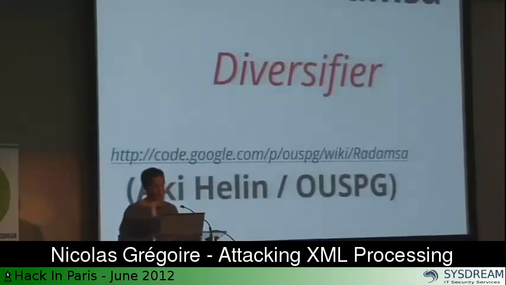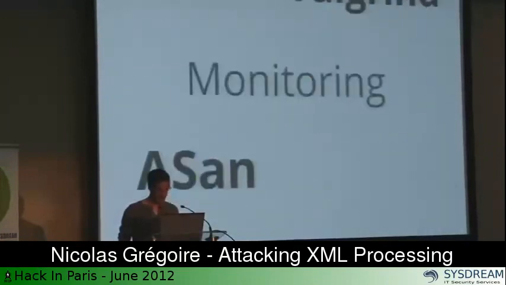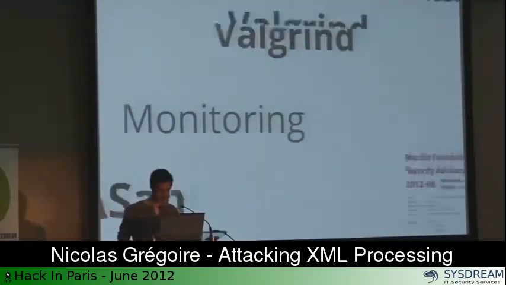The diversifier used is Radamsa. If you are doing mutation-based fuzzing, you should know Radamsa. It's very, very efficient. And monitoring was using Valgrind and AddressSanitizer if I can recompile the code.